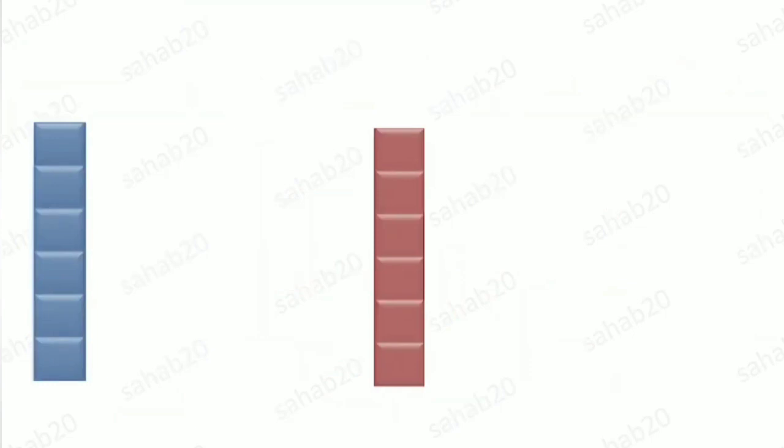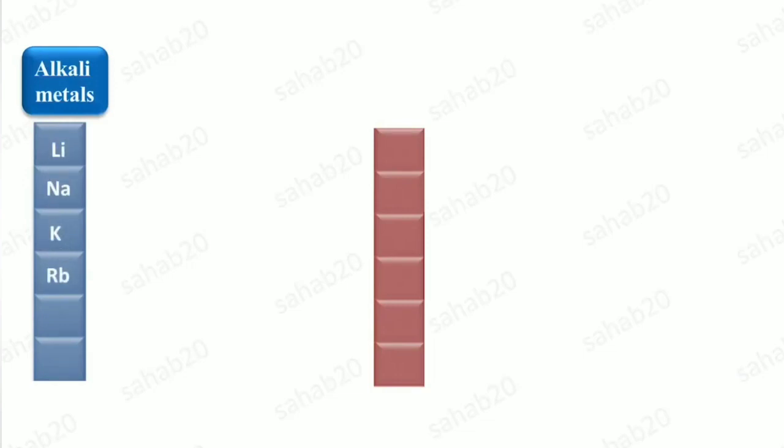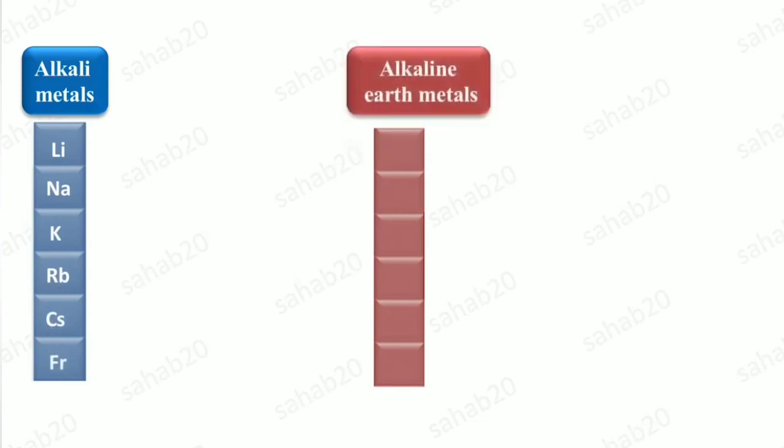Elements of group 1 are called alkali metals, which includes lithium, sodium, potassium, rubidium, cesium and francium. Group 2 elements together are called alkaline earth metals, which includes beryllium, magnesium, calcium, strontium, barium and radium.